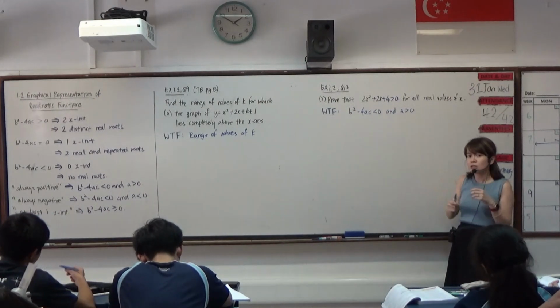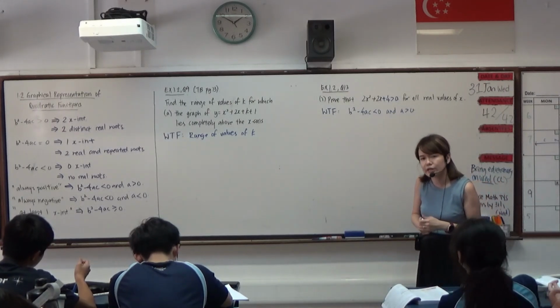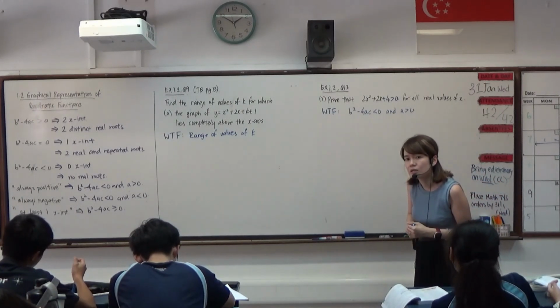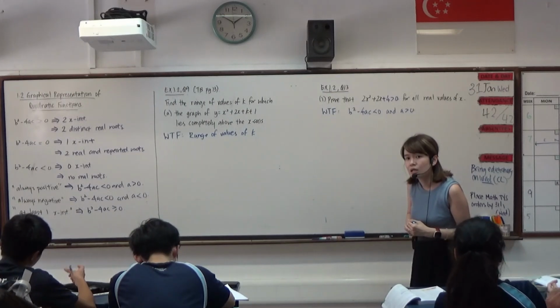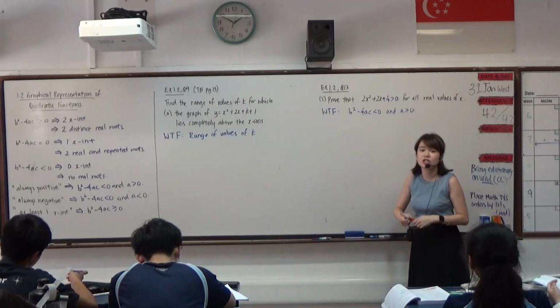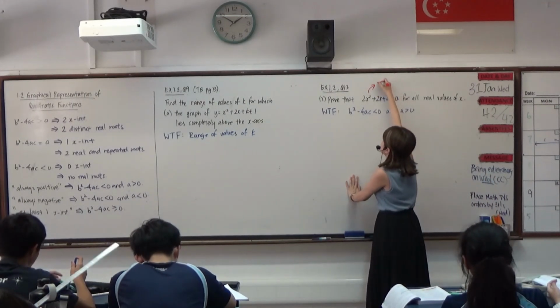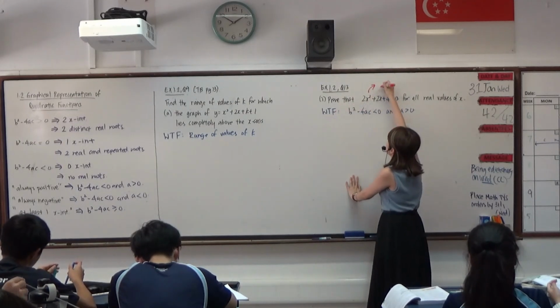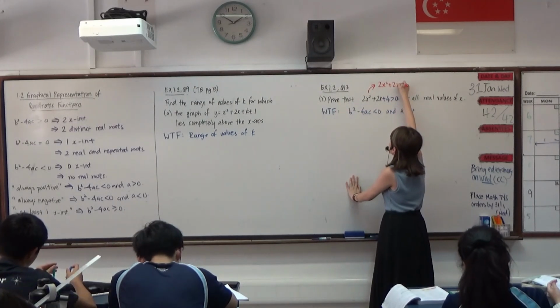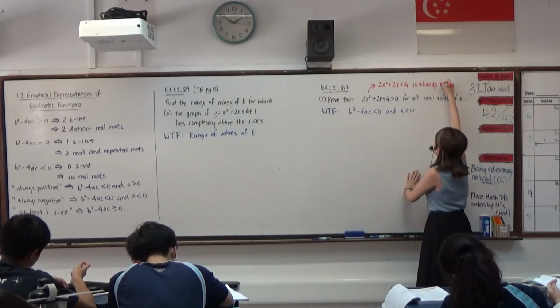Yes, teacher. But why is it important? Why does the question contain always positive? Because of the interpretation, how do you read it in English? So it's about how you read it, right? It is saying that we want to prove that this quadratic function is always positive.